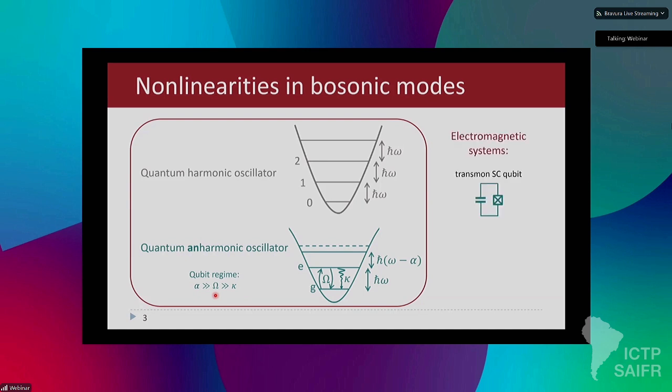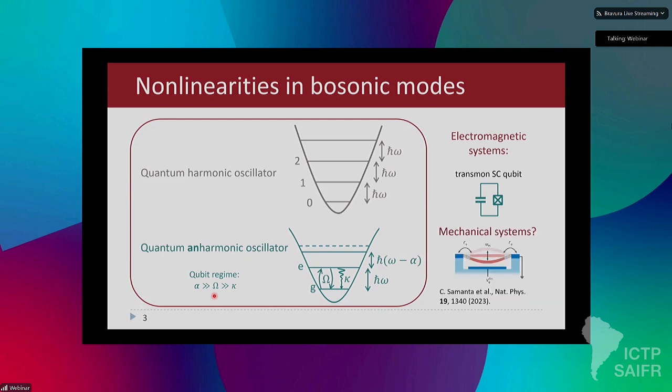This is, for example, the regime in which the famous transmon superconducting qubit operates. This qubit is basically just an anharmonic oscillator, where the anharmonicity is large enough compared to the dissipation that you can do operations on this qubit.